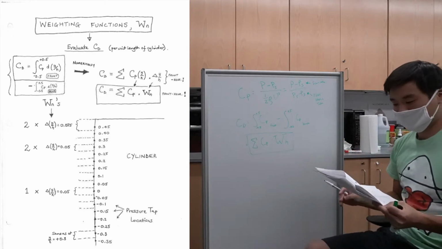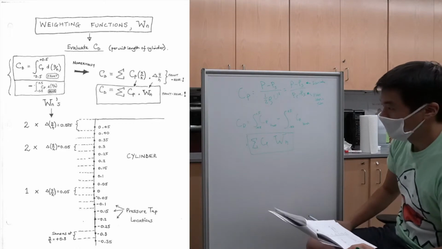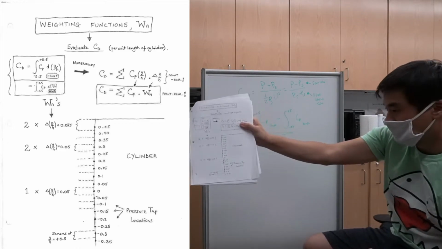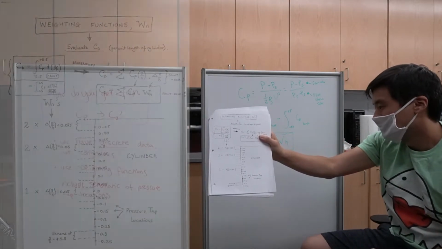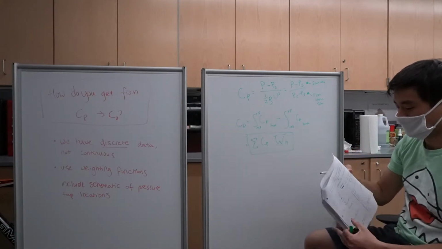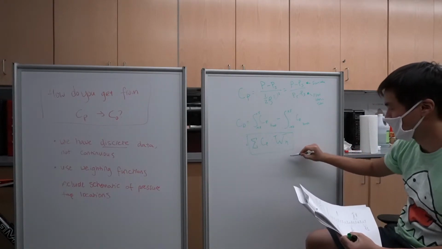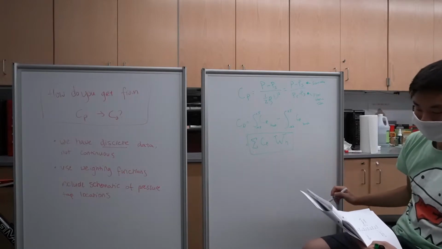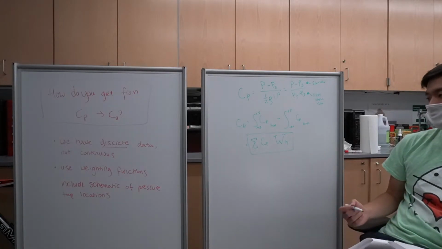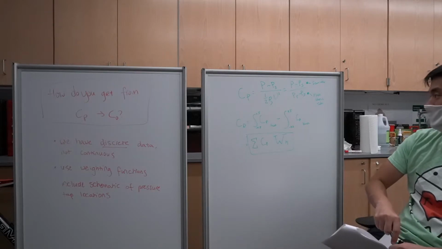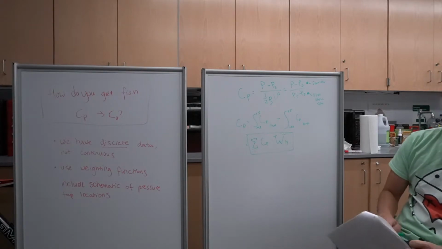You're going to include something similar to this, a schematic of your pressure tap locations that also shows what the weighting functions are, what you use to discretely integrate your data to get your final drag coefficient.